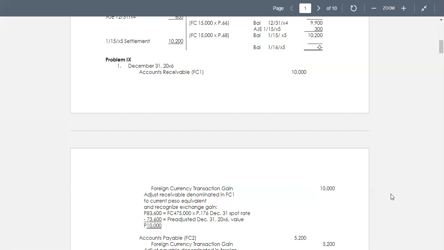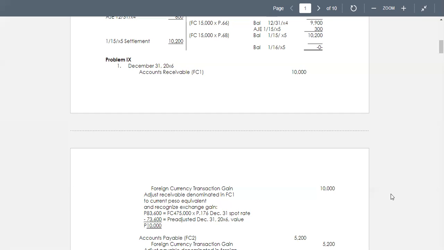Okay? Now take note that we are given a summary of accounts receivable and payable on December 31, 2026 before adjustments for the effects of changes in exchange rates during 2026. So for 475,000 FC, we have to multiply by the spot rate.